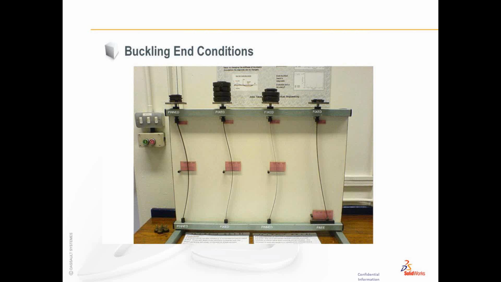And you can see the relative amount of weight that's necessary to cause buckling, and then the type of deformation that's occurring in each case, which we would call the mode shape, or the mode of buckling. So obviously the fixed condition on each end is the stiffest and most resistant to buckling.